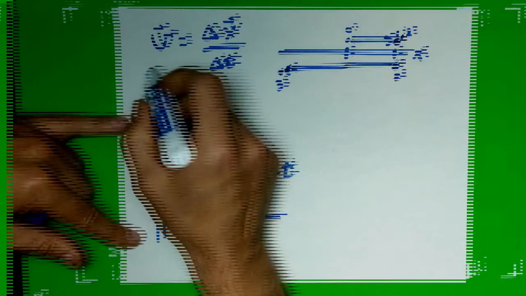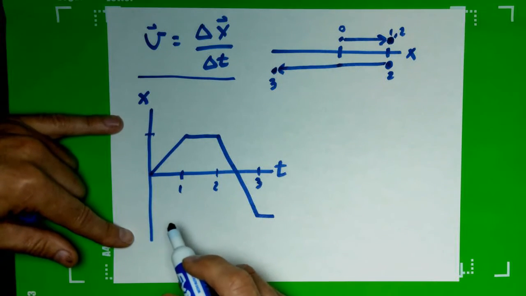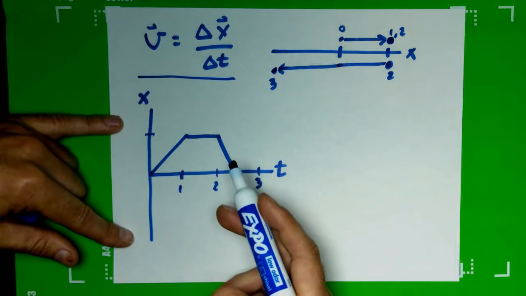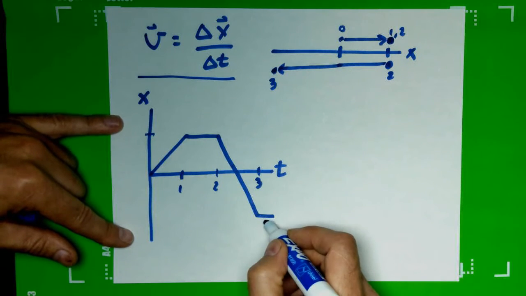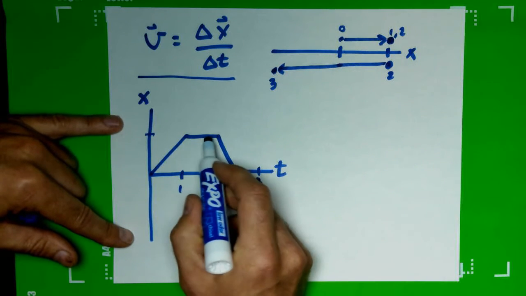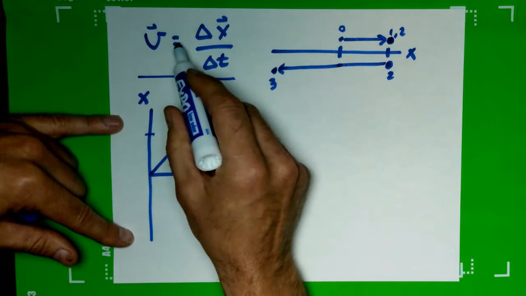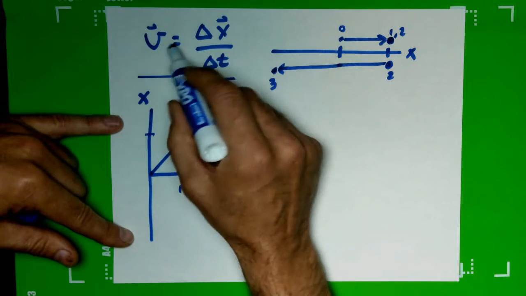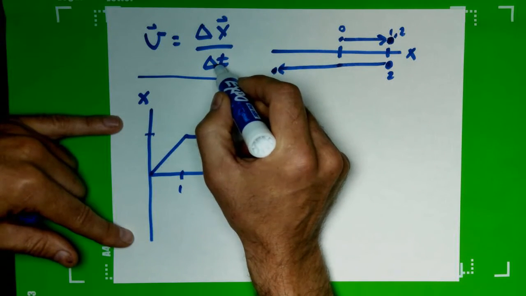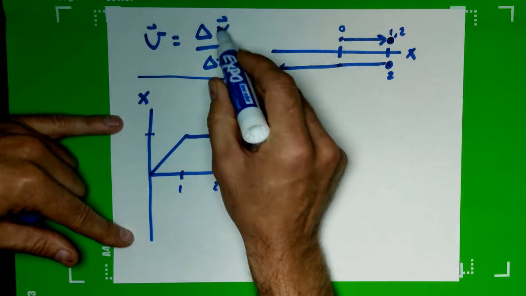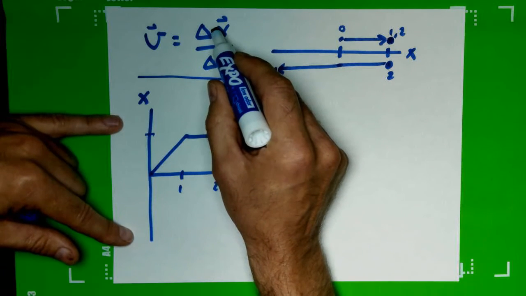So our question is, what's its velocity over this time? Well, here and here might be easy because we've already established that a horizontal line means it's not moving. Velocity is a change in position over time. Our time is non-zero, but our change in position is 0. It didn't change.